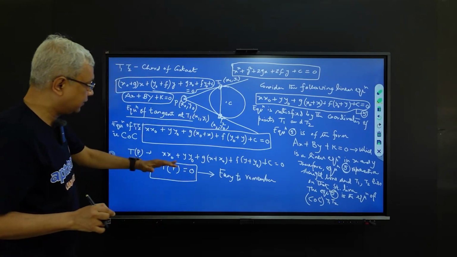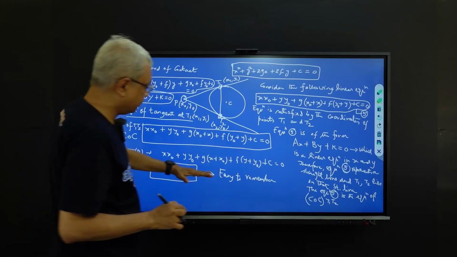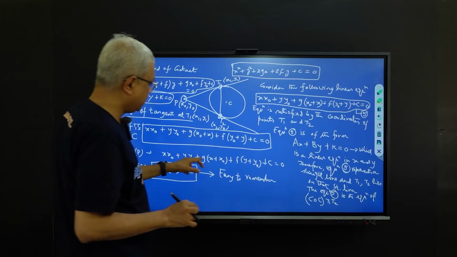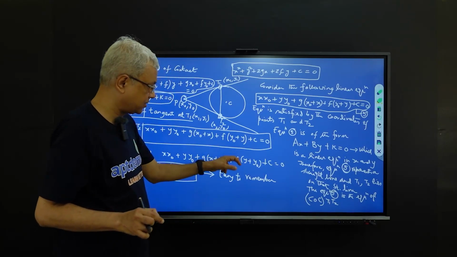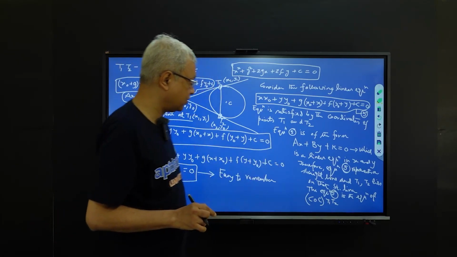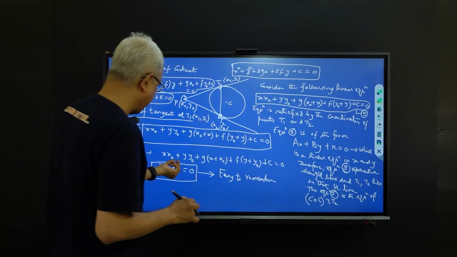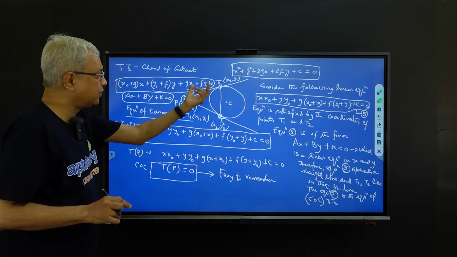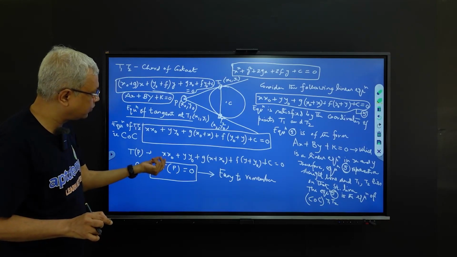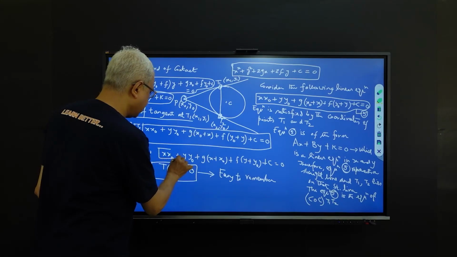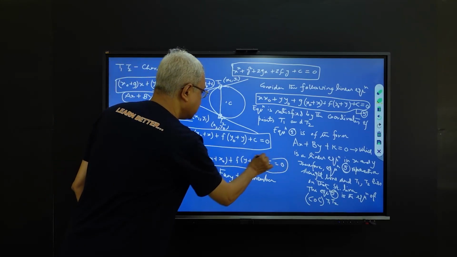So this is the form of the equation of the COC. If x0, y0 had lied on the circle, the tangent at that point would look like this. Actually, this is not the equation of the tangent, this is the equation of the COC.